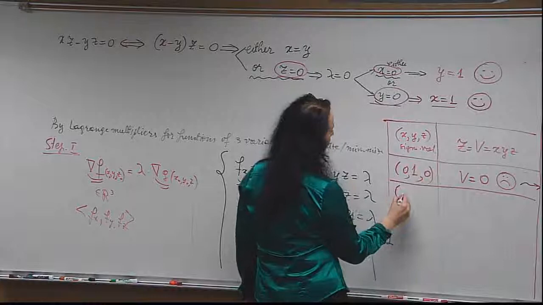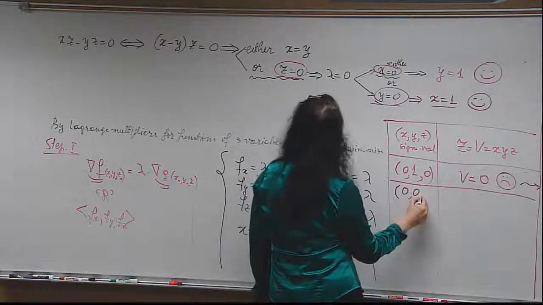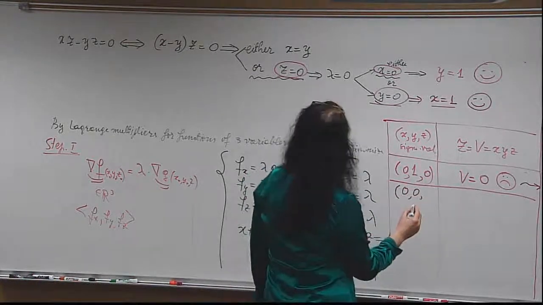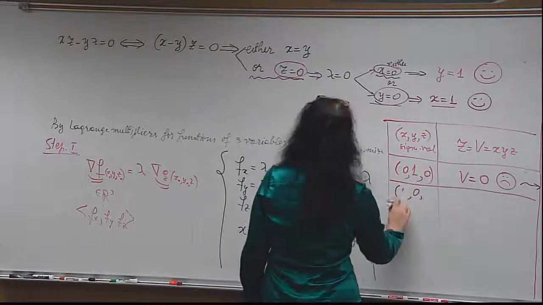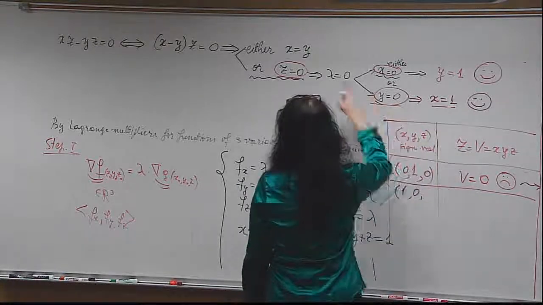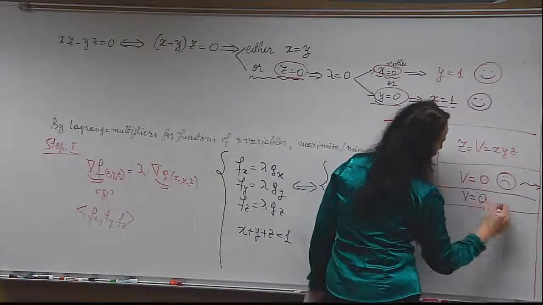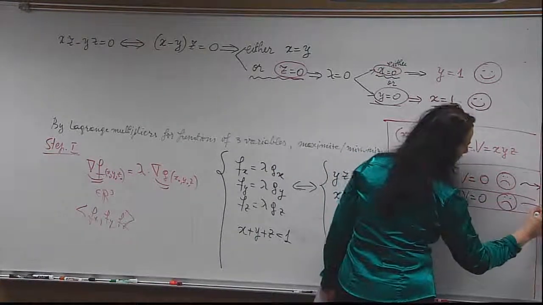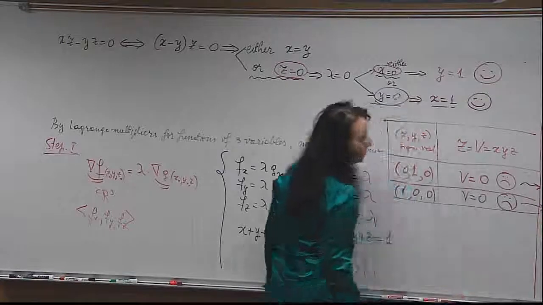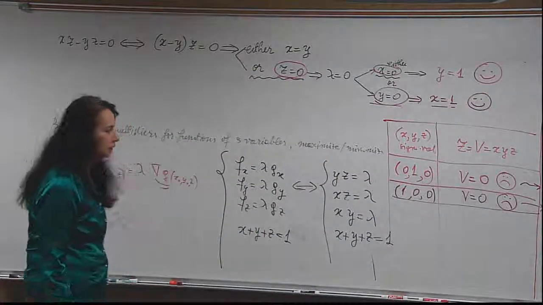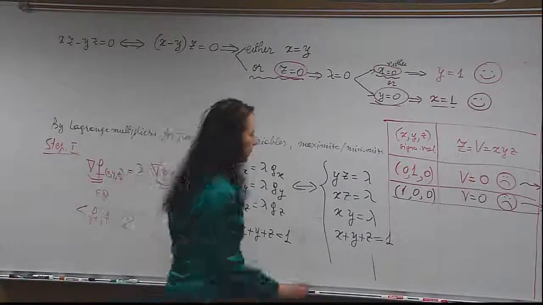So I have another point, 1, 0, 0. And the volume will be the same, and another absolute minimum. Remember that everything is positive, the x, y, z, and the bar.